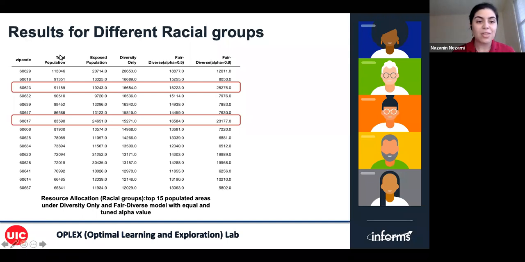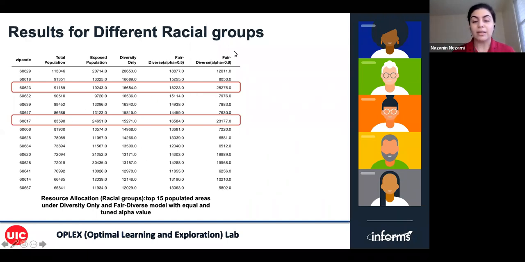We saw that the allocation result of diversity only was exactly aligned with total population, whereas our fair and diverse model tends to do differently. It was considering both total population and exposed population. Exposed population is just a measure that we defined to calculate the population of more vulnerable people that live in these areas.